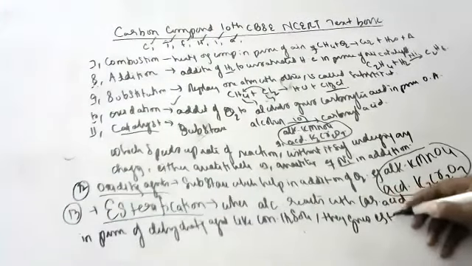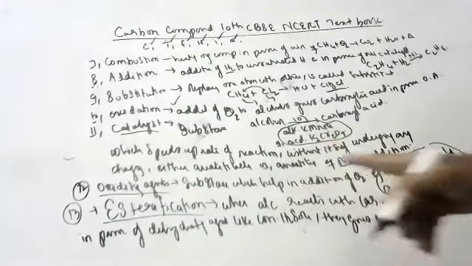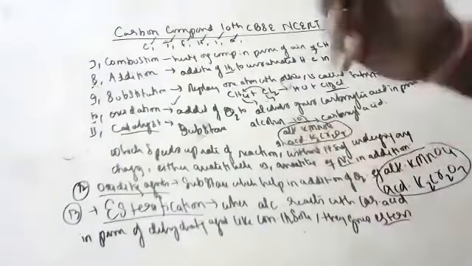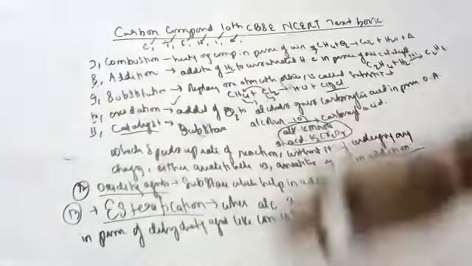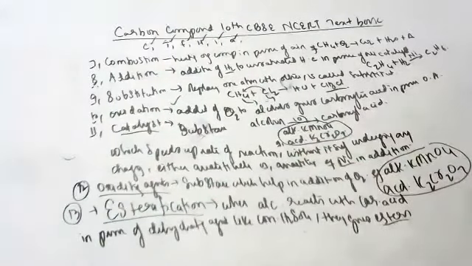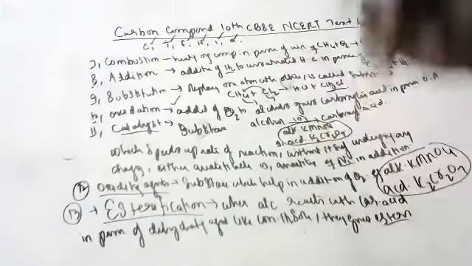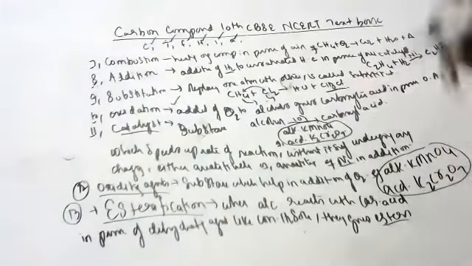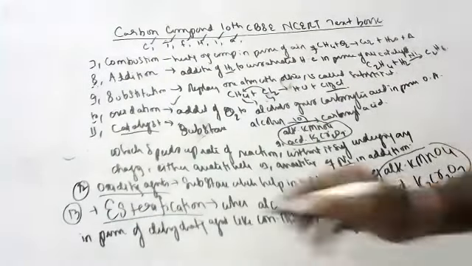Alcohol with carboxylic acid gives esters. Because esters are coming, it is called esterification reaction.